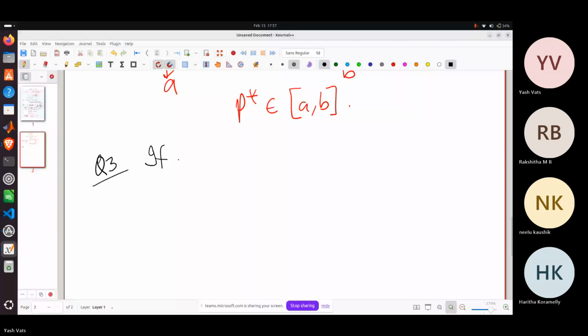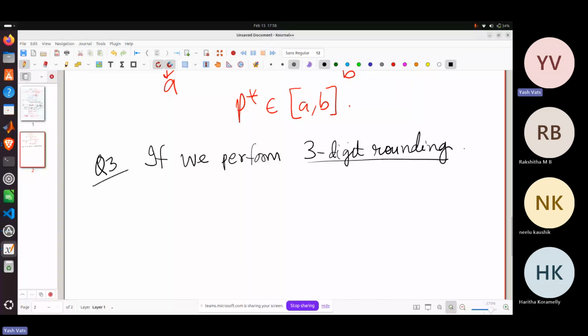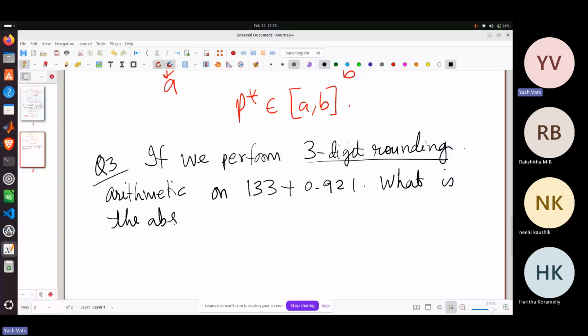If we perform 3-digit rounding arithmetic on this 0.921, what is the absolute error with exact value determined to be at least 5 digits?